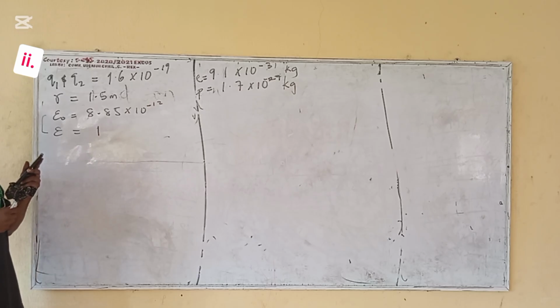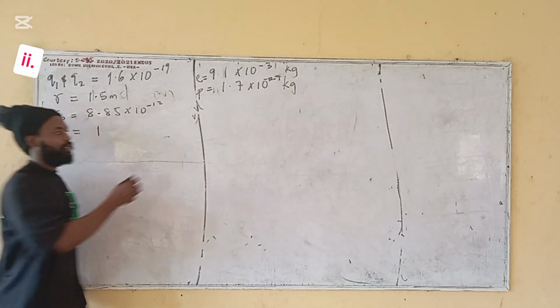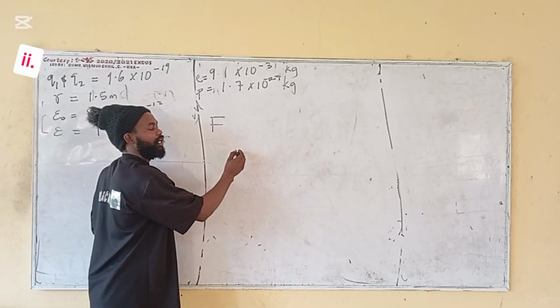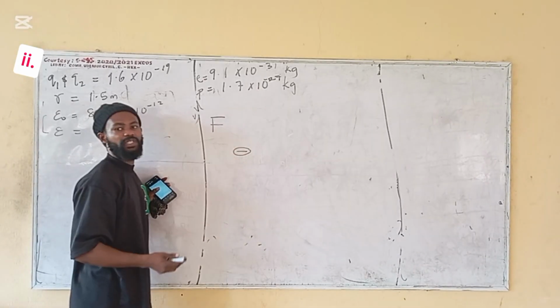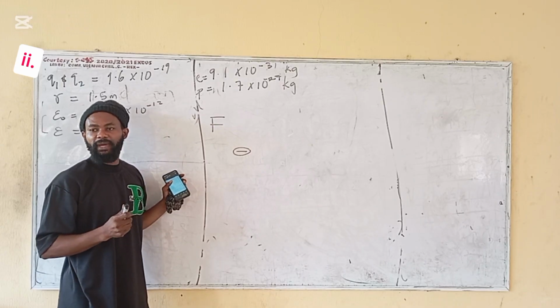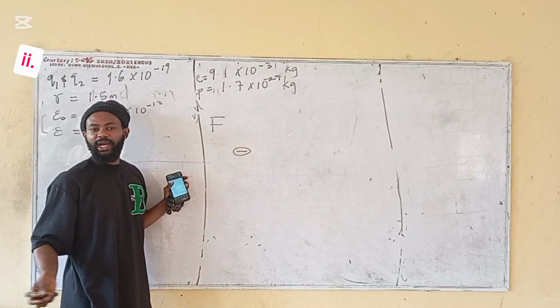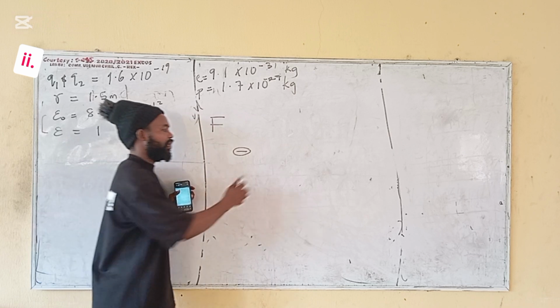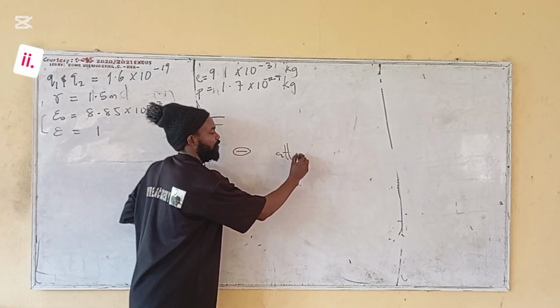Now, is the force attraction or repulsion? Anything negative in chemistry and physics means what? For example, if you are a non-metal and you receive electrons, you become negatively charged. So negative means attraction.